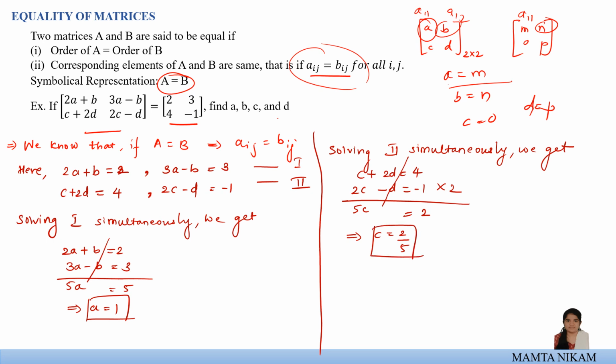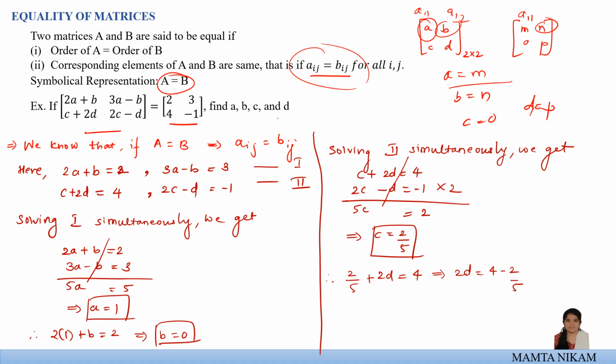Now here itself, since we have obtained a, if we substitute this in any of these equations, क्या हो जाएगा? Therefore 2 times 1 plus b equals to 2. 2 शिफ्ट करोगे तो -2 होगा, this means b की वैल्यू मिल जाएगी हमें 0. Similarly, when you substitute this c value in any of these equations, say first equation में substitute करते हैं, तो 2 by 5 plus 2d equals to 4 होगा ये, इससे हो जाएगा 2d equals to 4 minus 2 by 5, right?